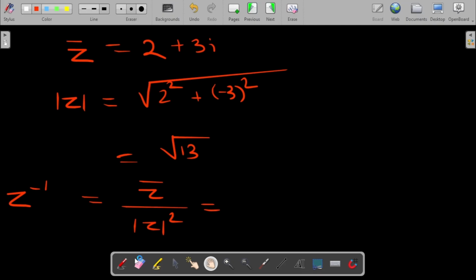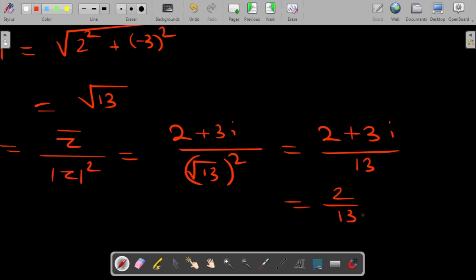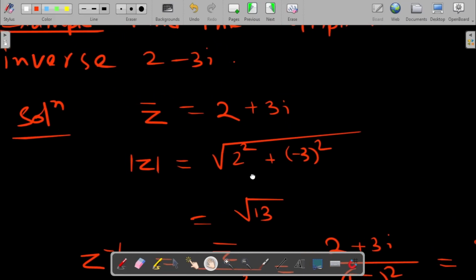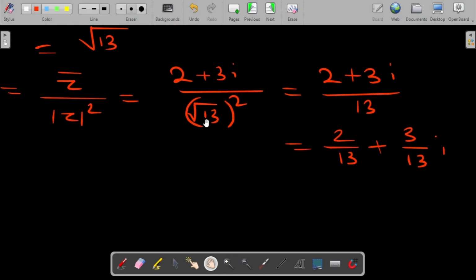So here the conjugate is 2 plus 3i divided by the square root of 13 squared. This equals 2 plus 3i divided by 13, which equals 2 divided by 13 plus 3 divided by 13 i. So if the complex number z is 2 minus 3i, then the inverse is 2 divided by 13 plus 3 divided by 13 i.